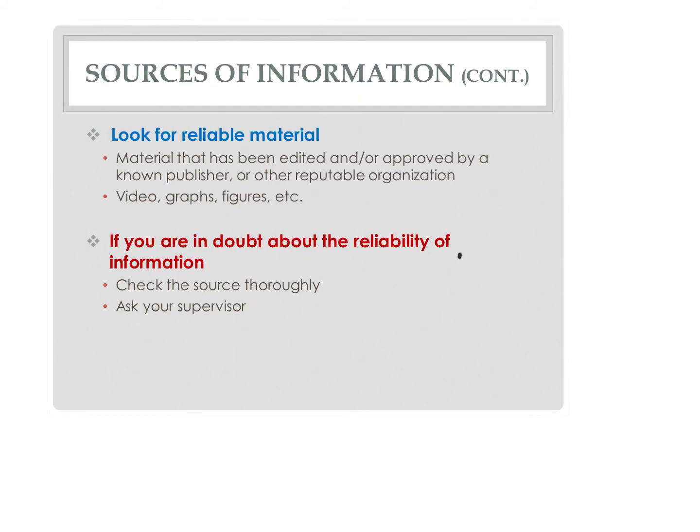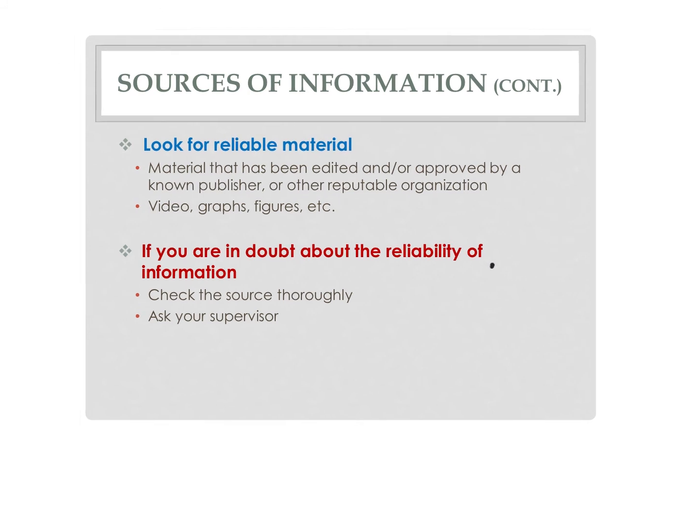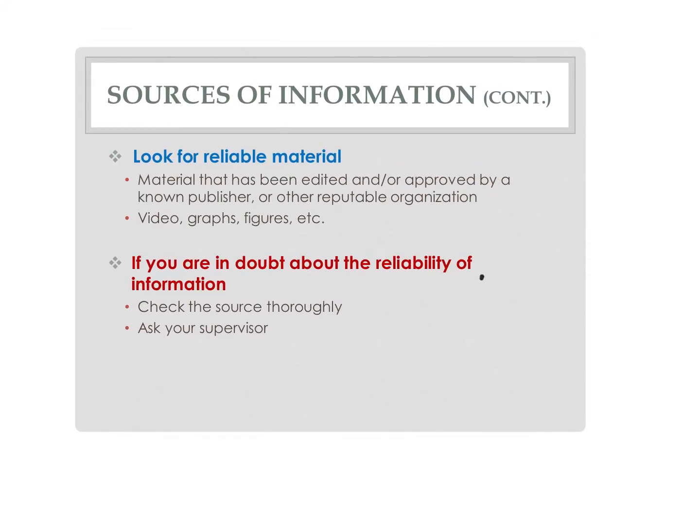So what are the keywords? Look for a reliable material. So material that has been edited and or approved by a known publisher or other reputable organisation. Wikipedia boleh tak? Wikipedia tak boleh. Okay, tak boleh. Sebab apa? Wikipedia dia tak ada bagi tahu siapa yang edit and put this information.